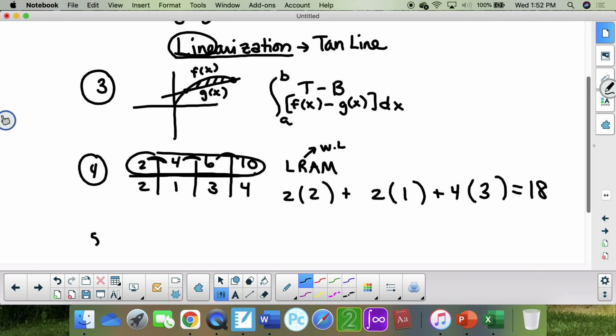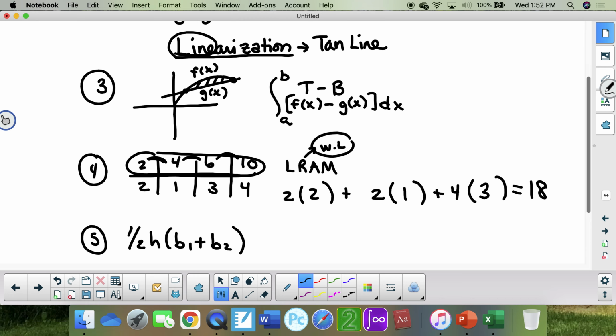Number 5. If they ask you to do the trapezoidal method, it's not width times length. The trapezoidal method is one-half height times base 1 plus base 2. You guys remember that?